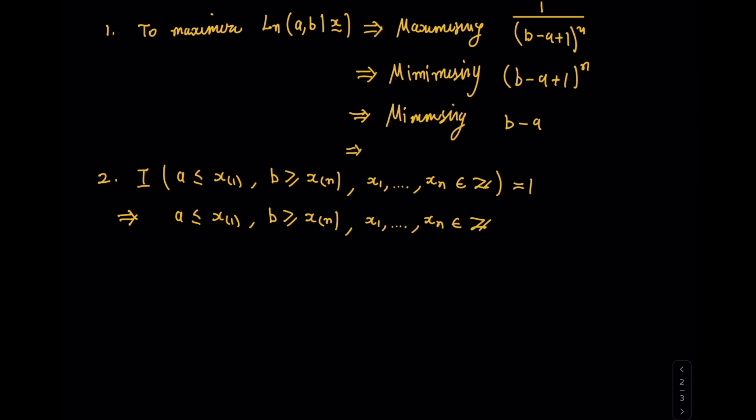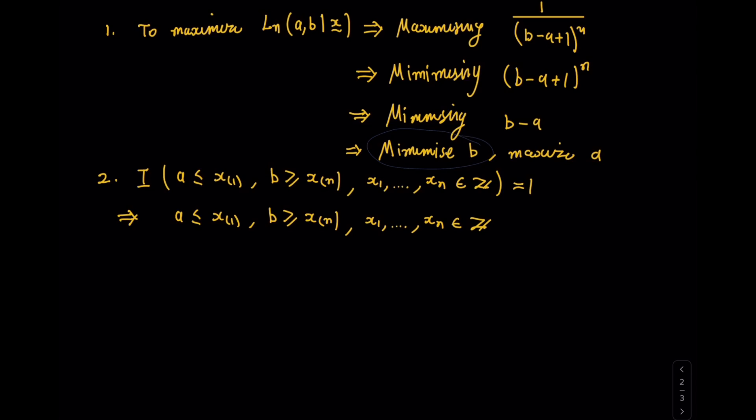If you're going to minimize b minus a, this is the same as minimize b, maximize a. Because if we maximize a, then we're subtracting a larger number, and if we minimize b, we're subtracting from a smaller number, giving the smallest difference possible.